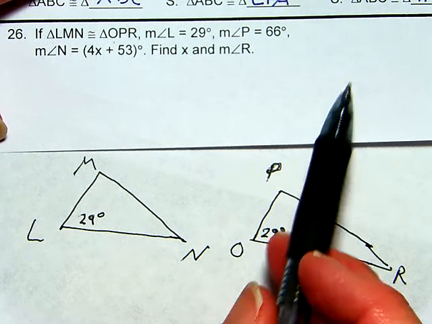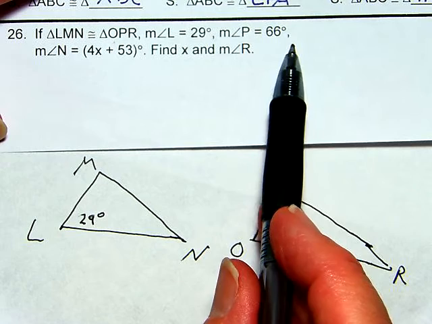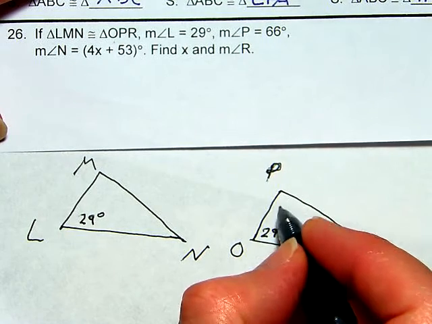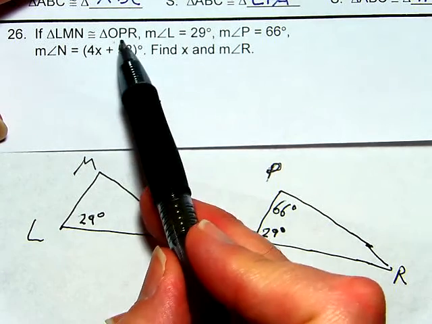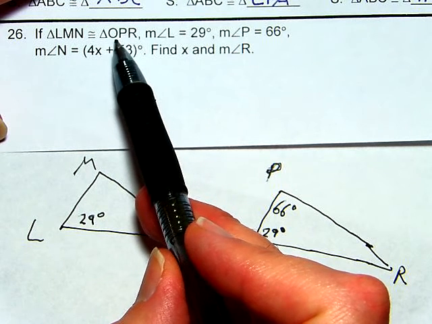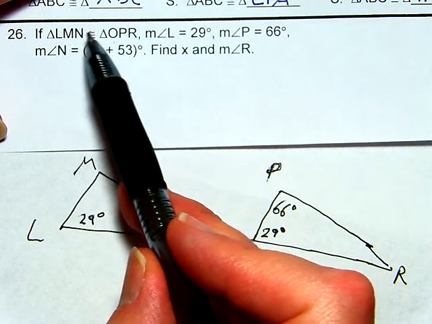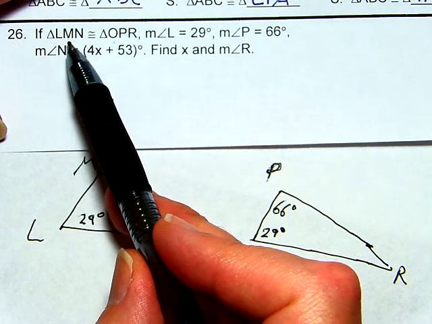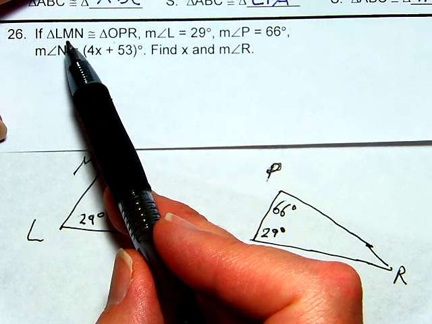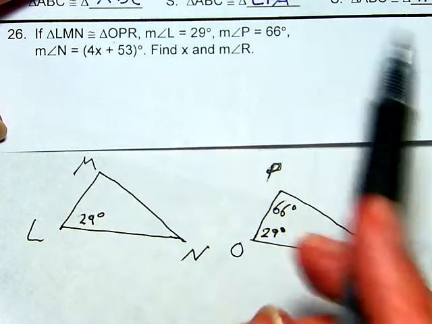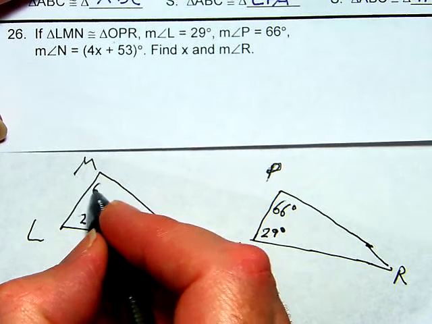The measure of angle P is 66 degrees. Let's label that in here. P is 66 degrees. And P in the second triangle, which is the second letter in the triangle, corresponds to M in the first triangle. So that means that if P is 66 degrees, we also know the angle of M is 66 degrees as well.